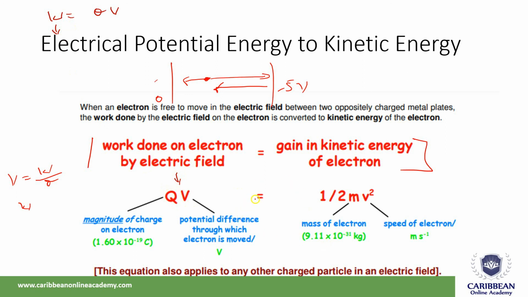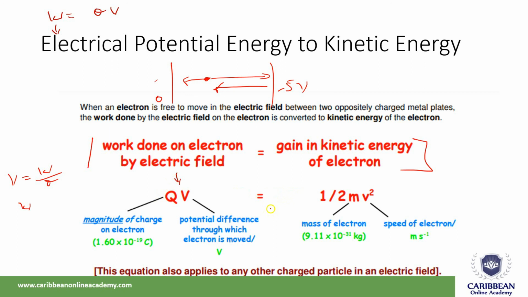And because we are talking about conservative energy, anytime the electron is being freely moved by the electric field, it is gaining kinetic energy and losing potential energy. So in essence, my kinetic energy is equal to my potential energy.